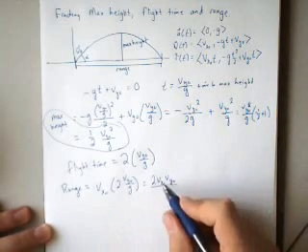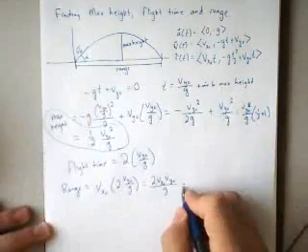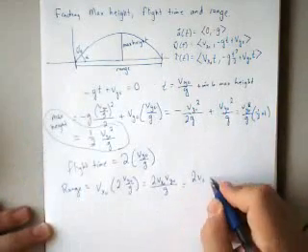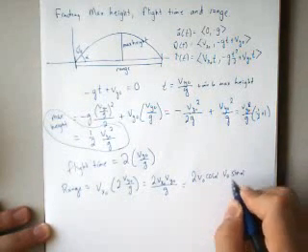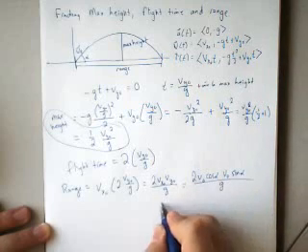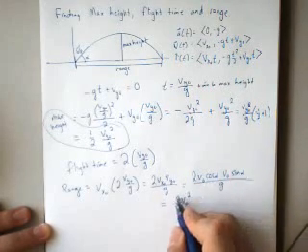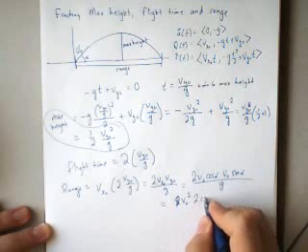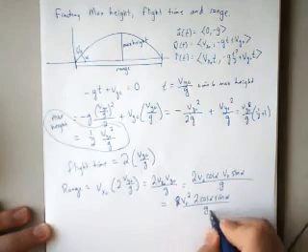If you now convert this back into v naughts and alphas, then this is 2 v naught cosine alpha, v naught sine alpha over g, which equals 2 v naught squared, and I'm going to put the 2 on the other side, 2 cosine alpha sine alpha over g.